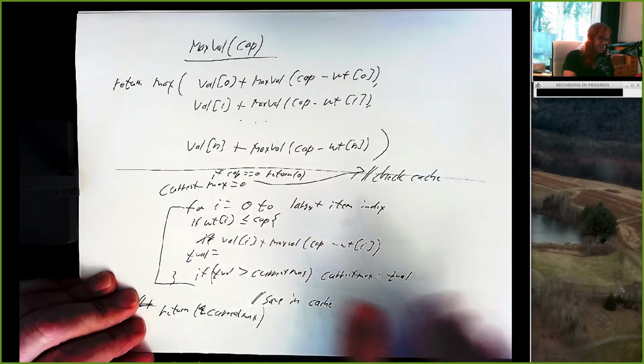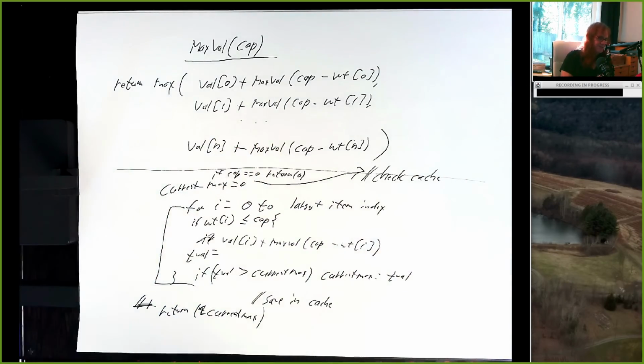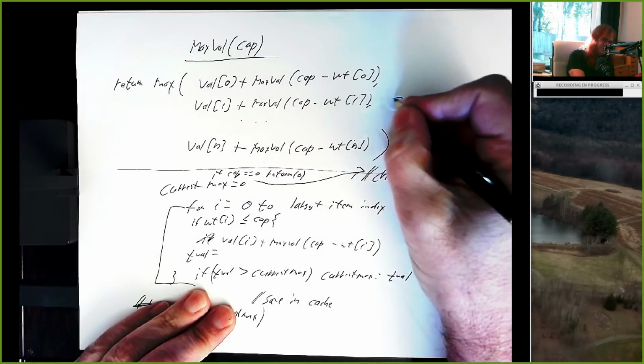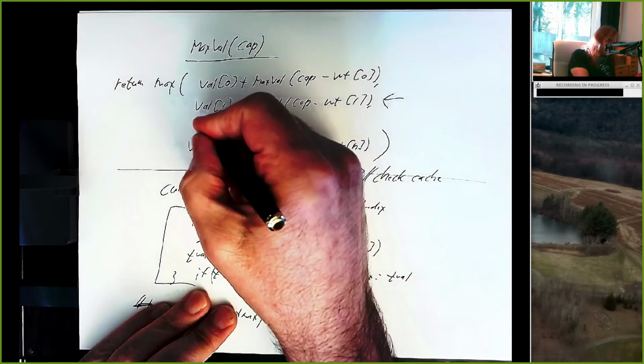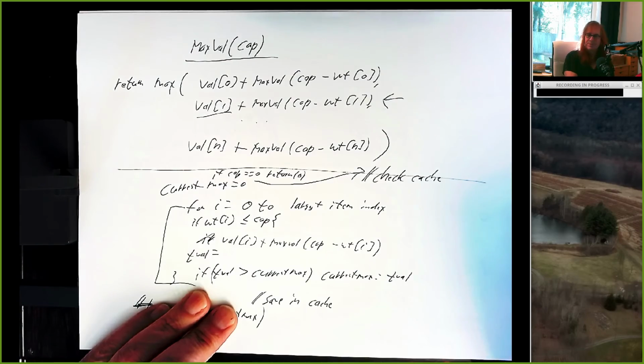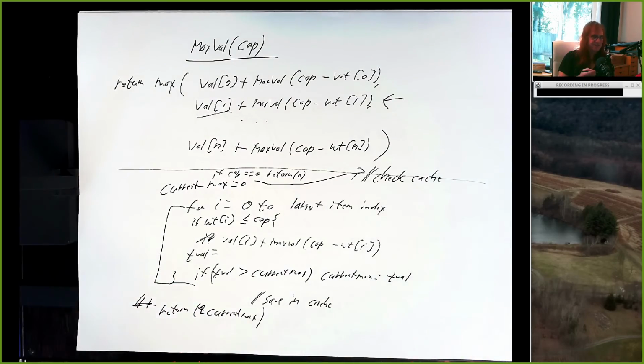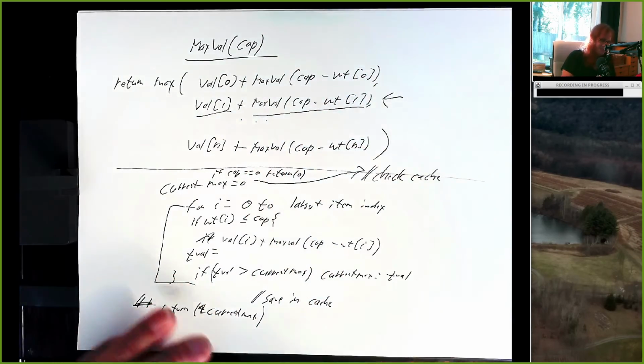But basically, as you go through here, if you discover that this is the combination that gives you the maximum value, you need to record somewhere not only what that number is, but that it includes one of item 1, plus whatever combination of items corresponded to this maximum value.